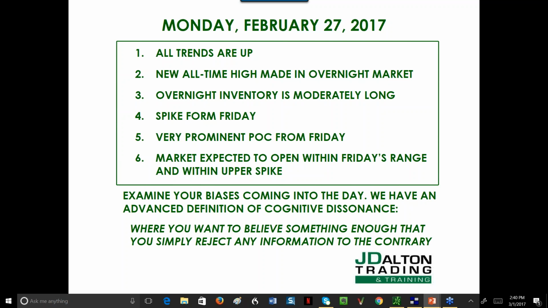When overnight inventory is long, just go through the rules for a second. Overnight inventory is long and the market goes straight up. It's a pretty strong market. That's what we had today. Overnight inventory is long. The odds are pretty good that we're going to get either a partial or a full correction of overnight inventory.